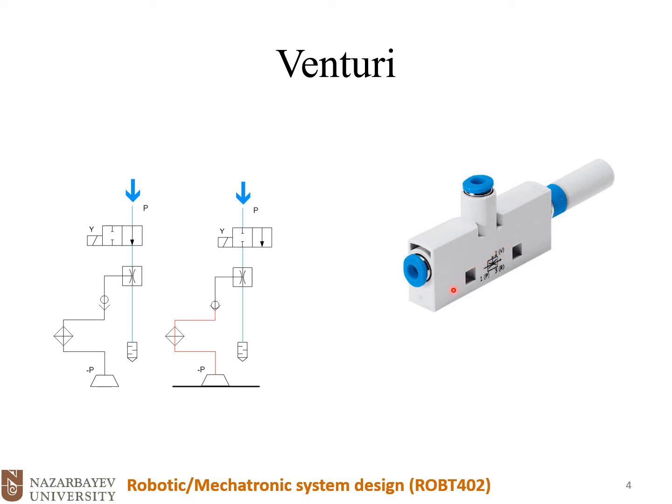Here is the input, here is the output. You see that we have a muffler here to reduce the noise and sound of the air, because it's connected to the atmosphere, and at this port we have suction.